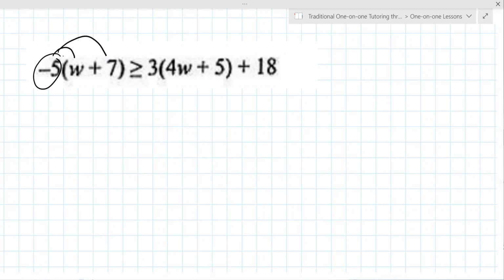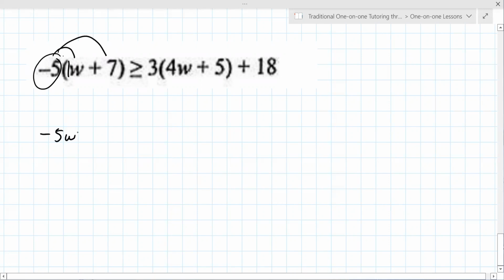Yeah, so when you distribute, it'd be -5W, and then would you add, like... You're multiplying. Multiply -5 and 7, but would you put a plus sign in between -5W and that? Yes. You kind of bring that down. Yeah, and then it'd be -35.